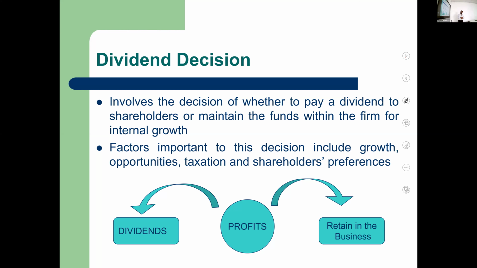That's about dividend decisions. These dividend decisions are affected by these factors. What are they? Growth of your company. If you are planning to grow your company, then you need to retain more funds than paying as dividend, right?